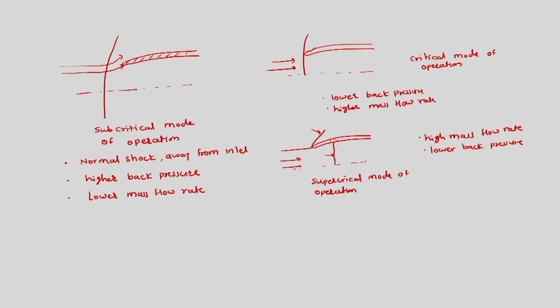Now we will find out the intake efficiency formula, where suppose we have this condition which is atmospheric at the inlet and then this at the exit of the intake. So this condition is 1.